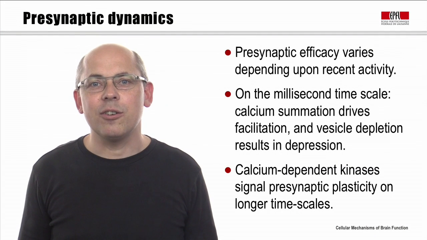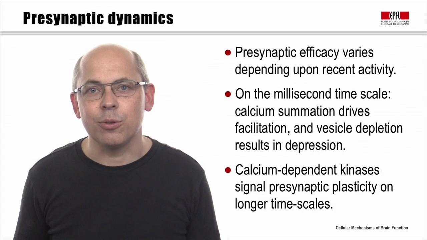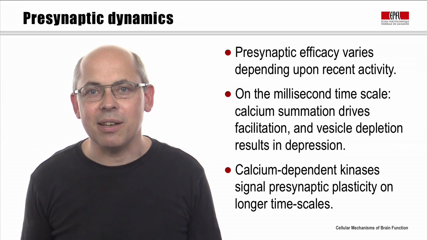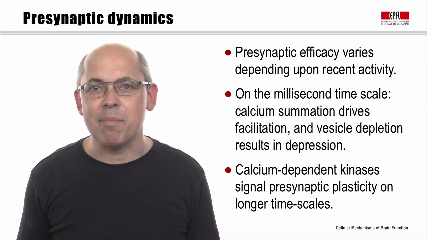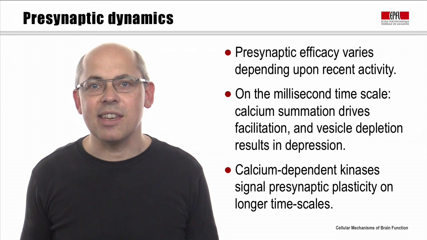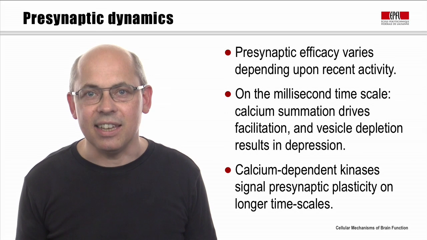And so we've learned that not all action potentials are equal. An action potential will certainly cause calcium influx into the presynaptic bouton and neurotransmitter release, but the amount of neurotransmitter release and the amount of calcium influx depends upon the recent history of action potential firing in that axon.